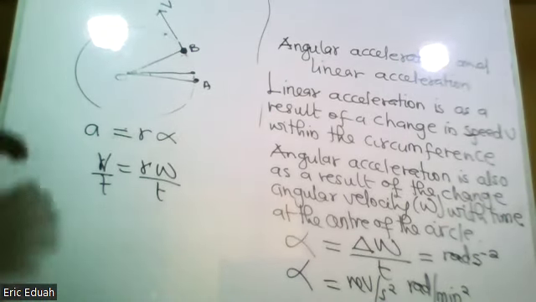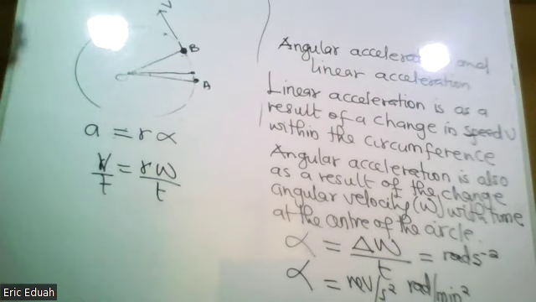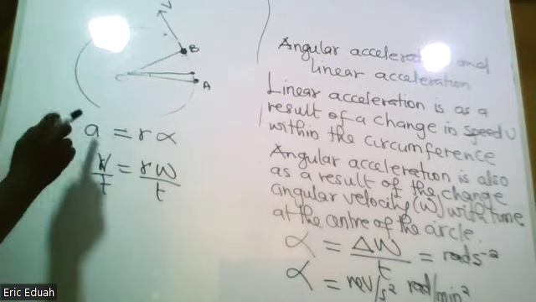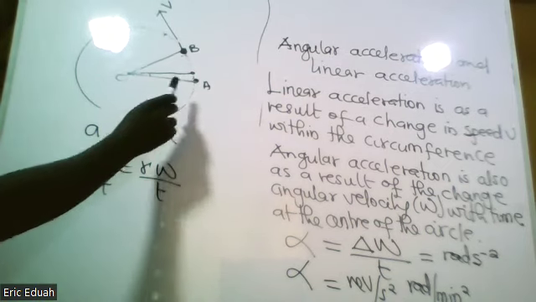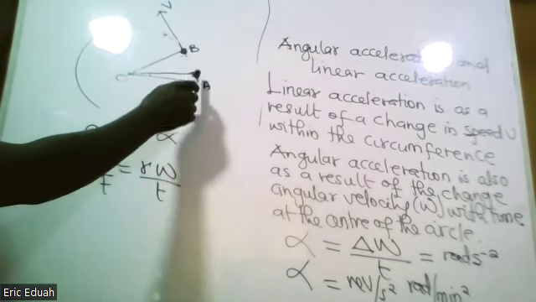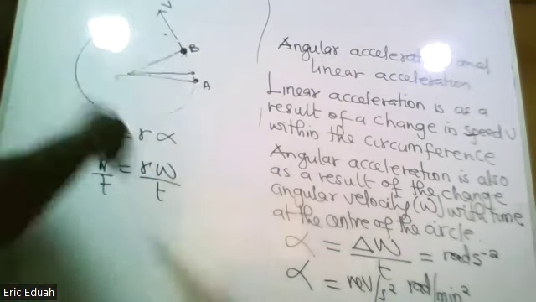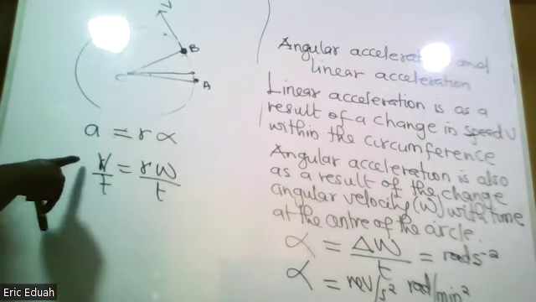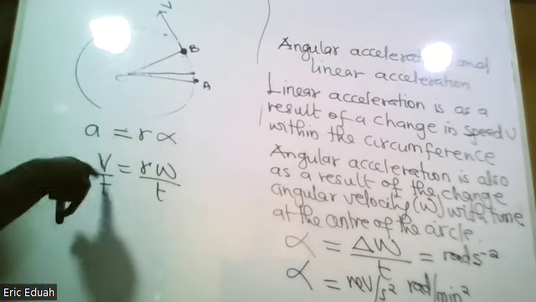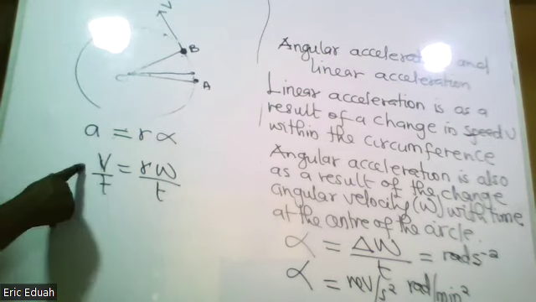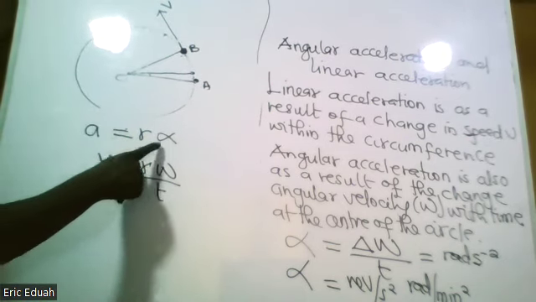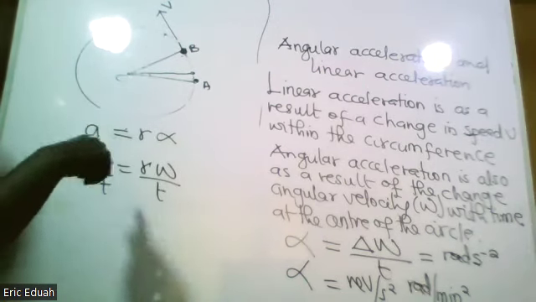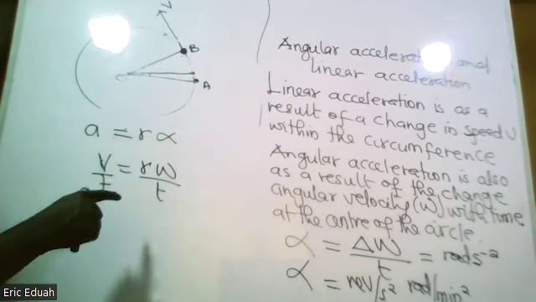So you see, the issue is about what brings this up. How do we get linear acceleration? It is when the linear speed of the body increases. When V increases with respect to time, we have A. So we'll have A when there is a change in V over T. When do we have alpha? When angular velocity at the center changes with time, we have angular acceleration.